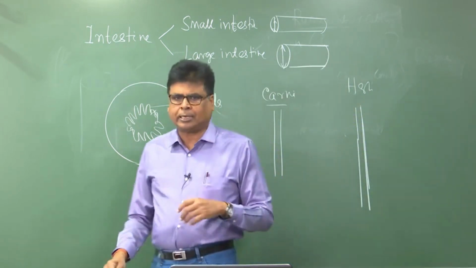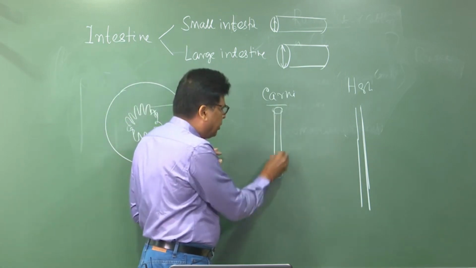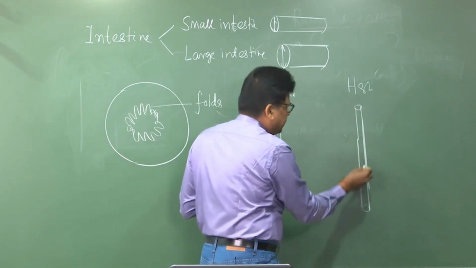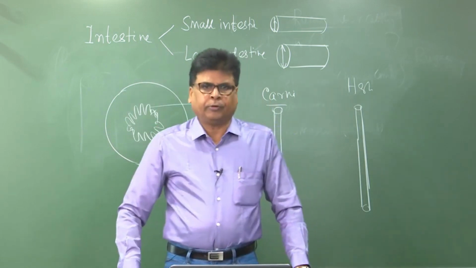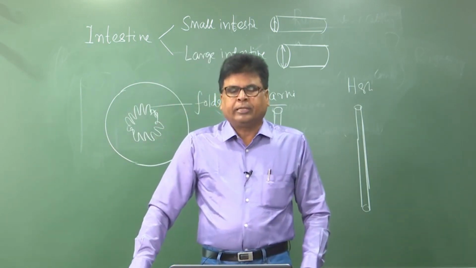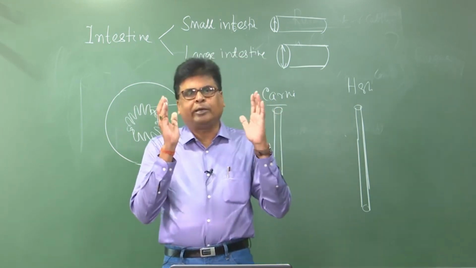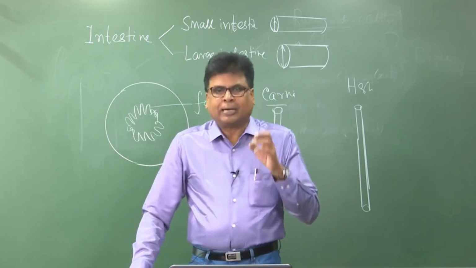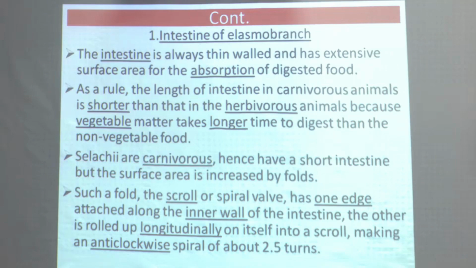You see in this diagram, if this is the intestine of the carnivore, it is up to this length, and if this is the intestine of the herbivore, it is this length. In the carnivore the food materials are digested quickly, so it has a small intestine. But in the herbivore digestion is slow because vegetable matter takes longer to digest, so it has a larger intestine.